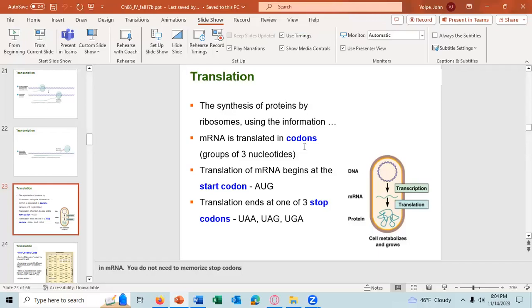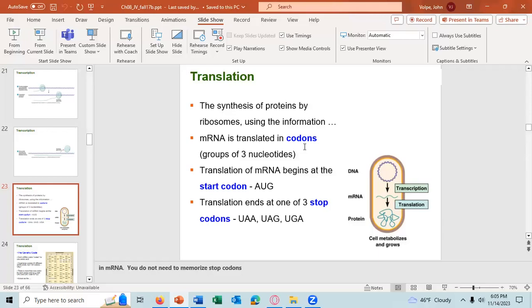Surprisingly, translation does not begin at the start of the messenger RNA. When the ribosome binds to the messenger RNA and then moves down it, protein translation does not begin until the ribosome reaches the start codon, which is AUG.